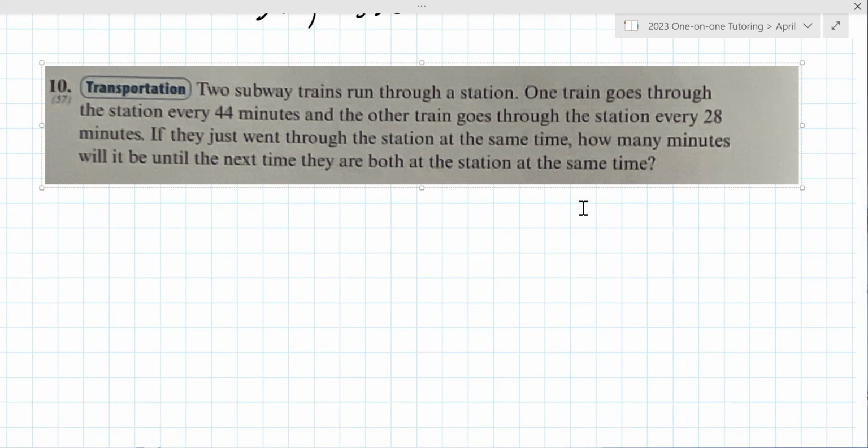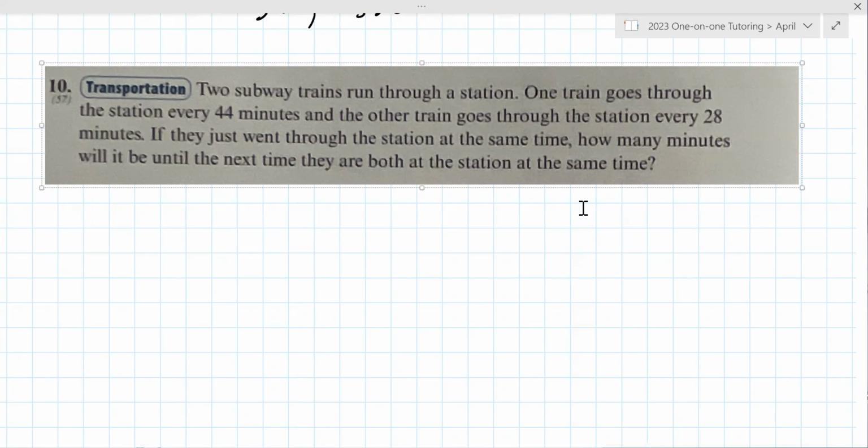All right. This is probably a good problem for me to ask you to try to explain what you see here in your own words. It's okay if you need to read it again, but I'd like to see what you can infer or take from this problem. Yeah, let me just read it one more time. One train goes to the station every 44 minutes.